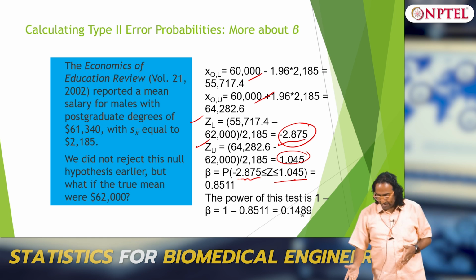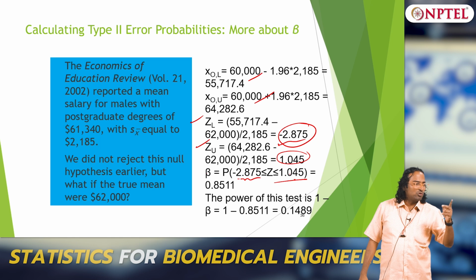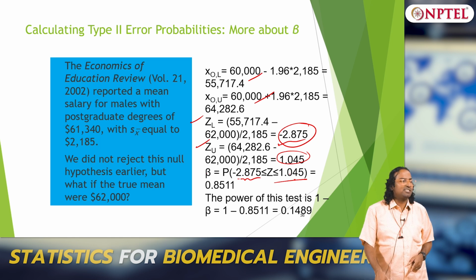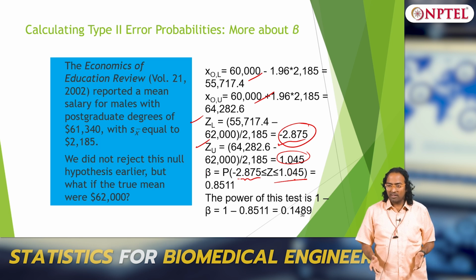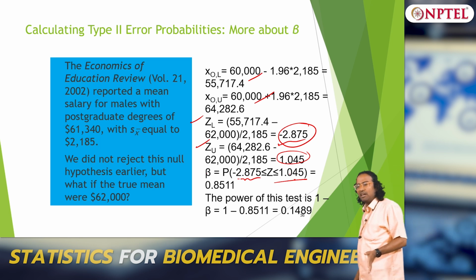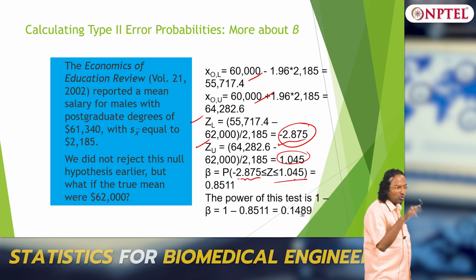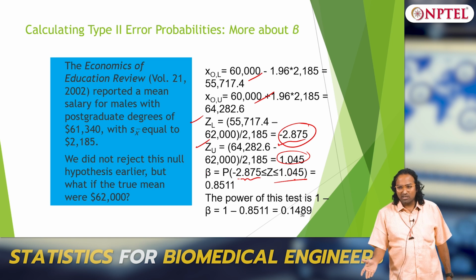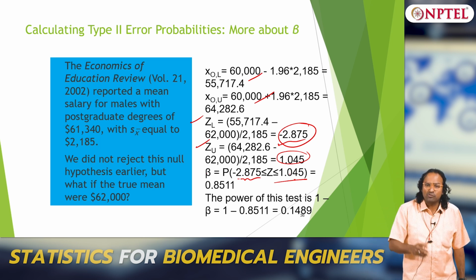Here the overlap is very high. Why? Because delta is only 2000, and look at the standard deviation, the standard deviation itself is 2100, so there is a very heavy overlap. In this case beta will be very large, you cannot distinguish 60,000 and 62,000. Your error is 0.85, so 85% of the time you will accept the null hypothesis even if it is false.